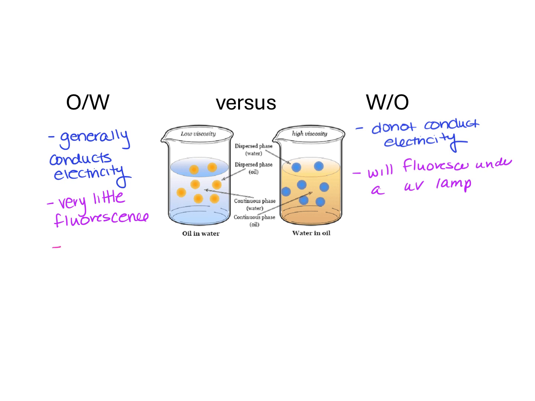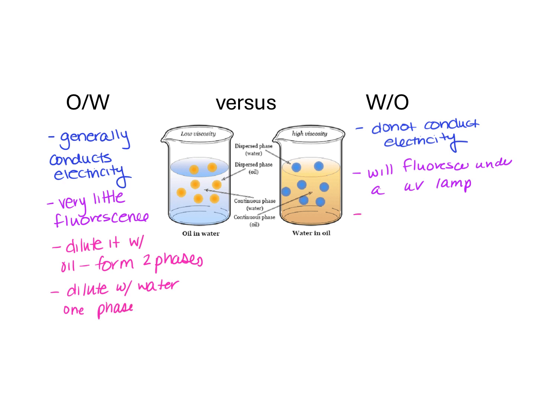When you are testing for an oil in water, if you dilute it with oil, it will separate and form two phases. If you dilute it with water, it will stay in one phase. Over here, if it's a water in oil, the opposite will happen.